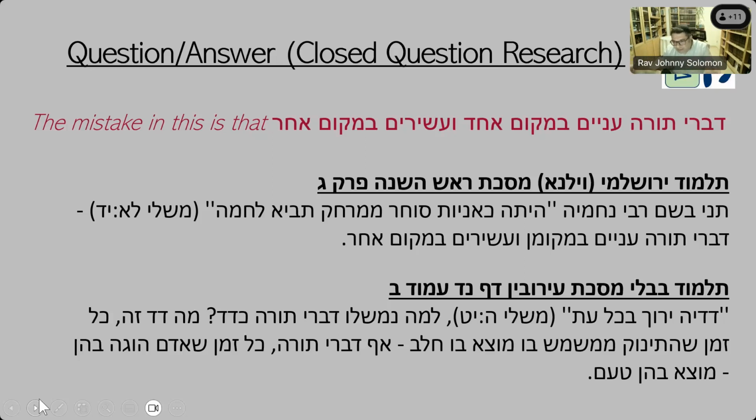I'll give you a random example actually specifically about this topic of saying vidui, on why we don't say vidui in Rosh Hashanah. As it happens, I'm from the UK. I know you are as well, originally. And the former chief rabbi of England, Lord Jacobovitz, has a wonderful essay on this topic.